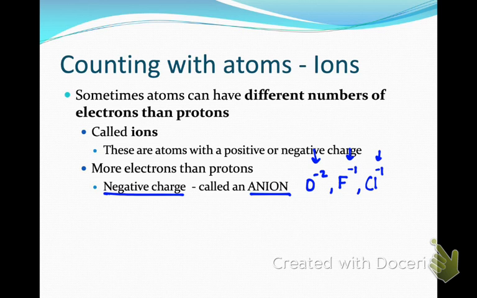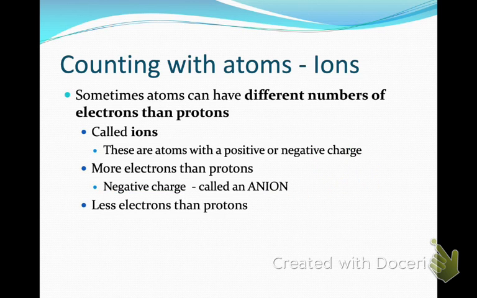Okay, on the opposite side of that, if I have less electrons than protons, let's say I have 3 protons. You have to identify what element that is. What element has 3 protons, has an atomic number of 3? And you would tell me it's lithium. Right? Lithium has 3 protons.